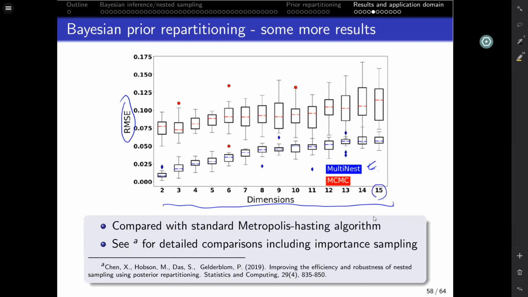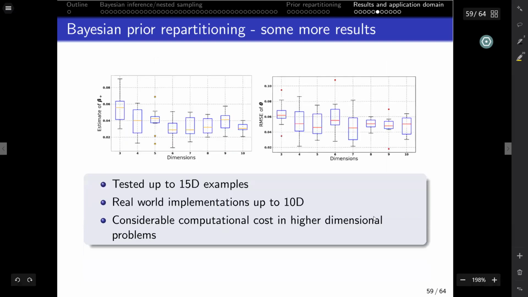For further dimensionality, it still works okay, but the computational cost itself is quite high for all the sampling algorithms, especially Monte Carlo sampling algorithms. So I didn't show it here. Okay, and this is another result.